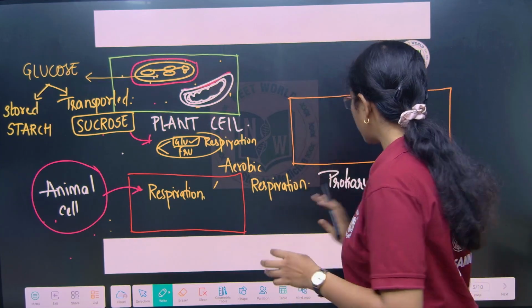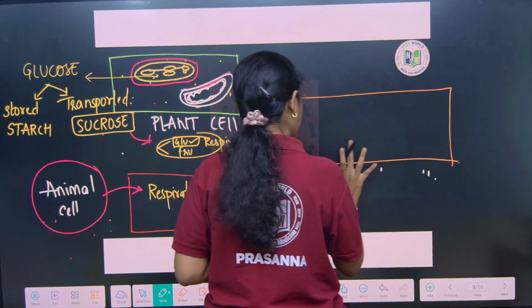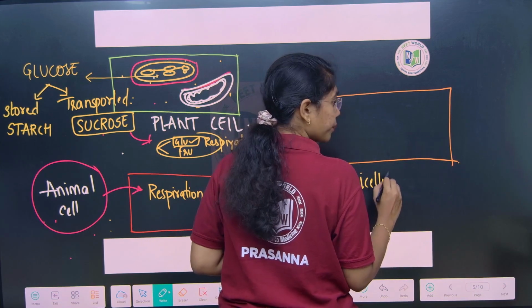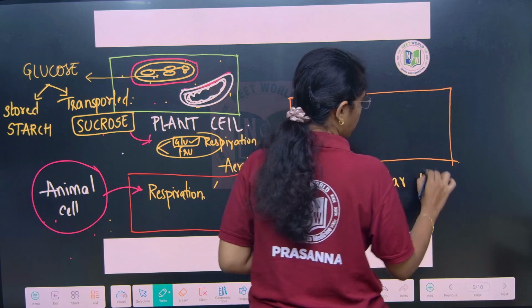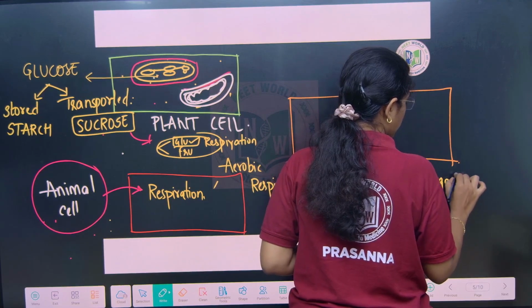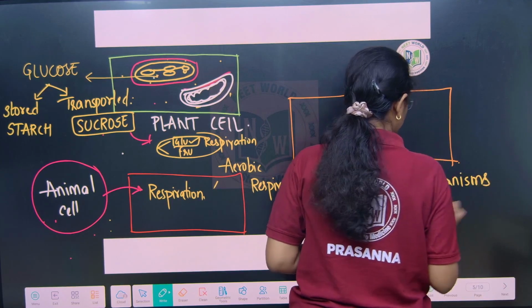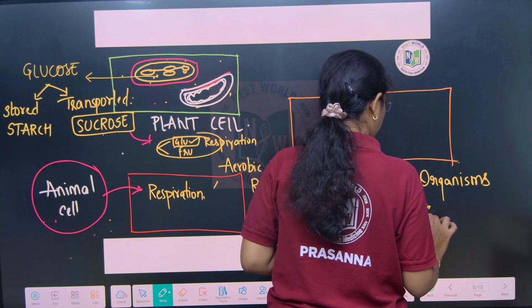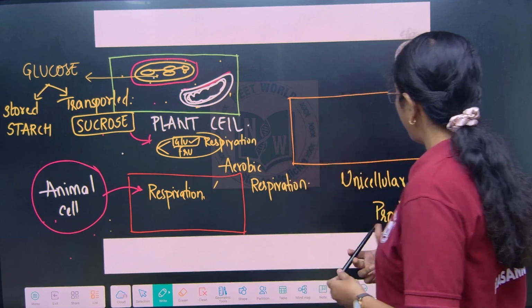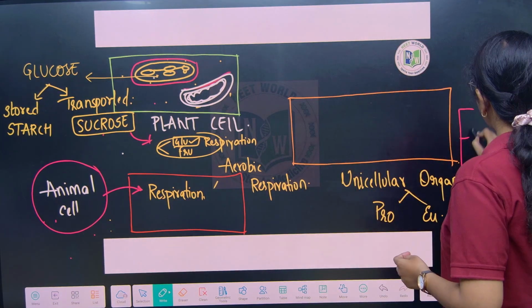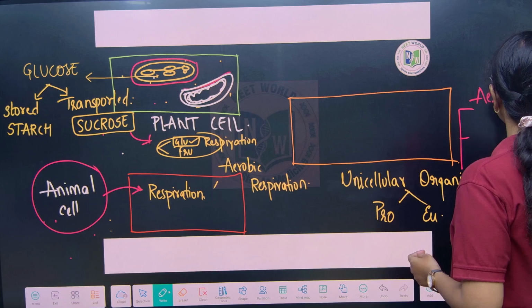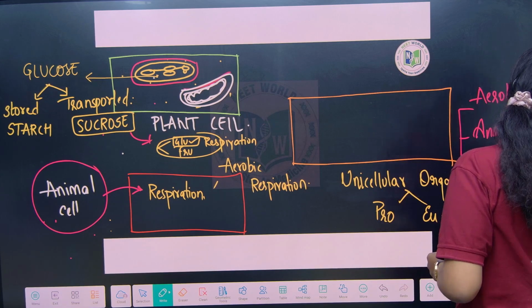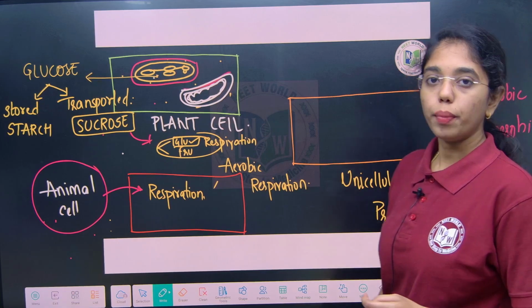All the unicellular organisms, be it a prokaryotic cell or eukaryotic cell, conduct both aerobic and anaerobic respiration.